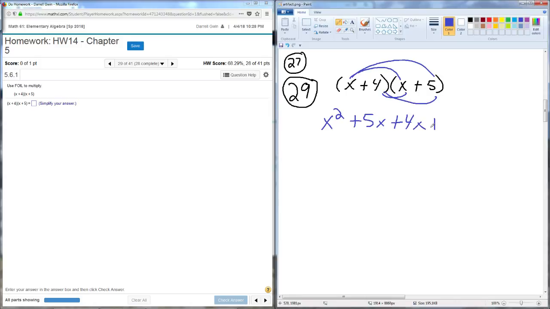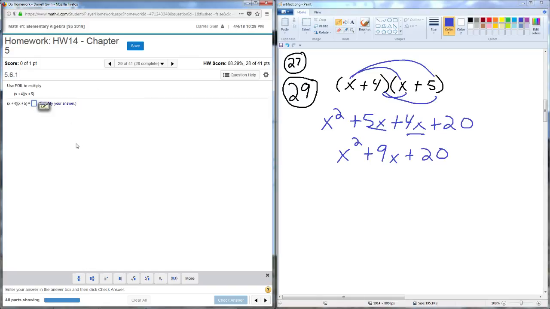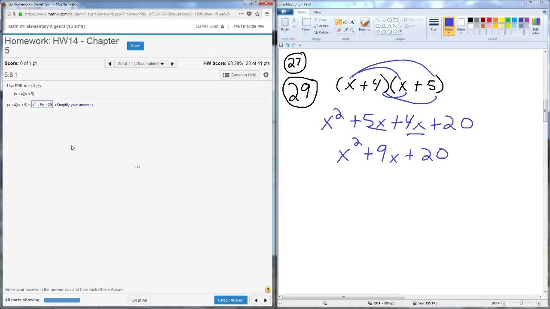And 4 times 5 is 20. Combine the outer and inner like terms. Like term, like term. 5 plus 4 is 9 x's. There's our answer. X squared, right arrow, plus 9x plus 20, enter. Yay, nice work.